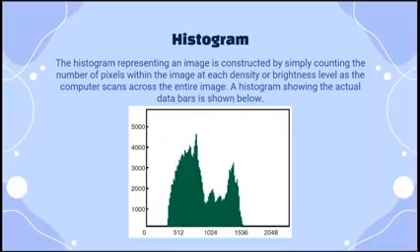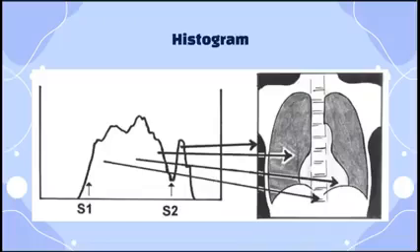Okay, so to simplify this histogram, here it is. Okay, so we have first the S1, which is this area here on the first part, and the S2, which is the valley here. Okay, so as I have said a while ago, the histogram is read from left to right. Okay, that means this area here is white, then the area here is black.